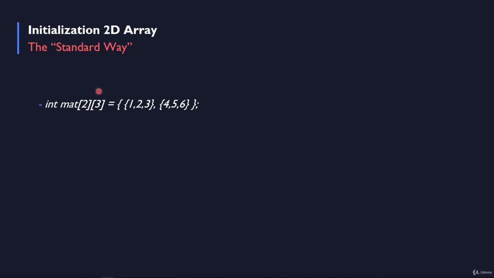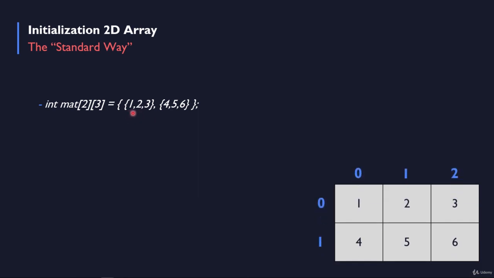Each internal pair of curly brackets describes the values for each row in this matrix. So for the first row, we are going to have these three values.